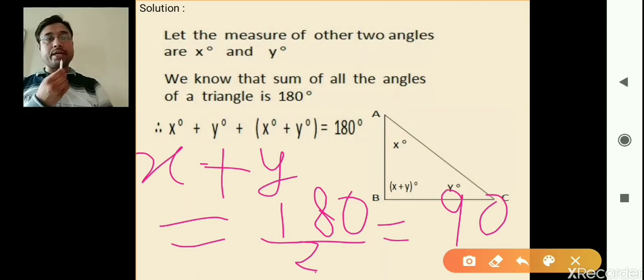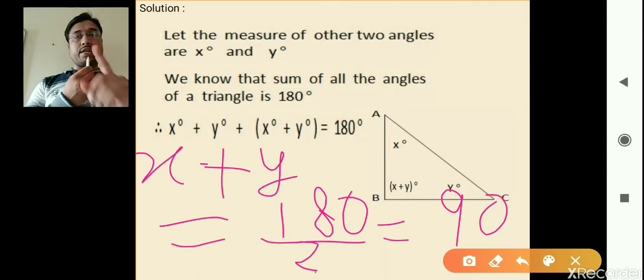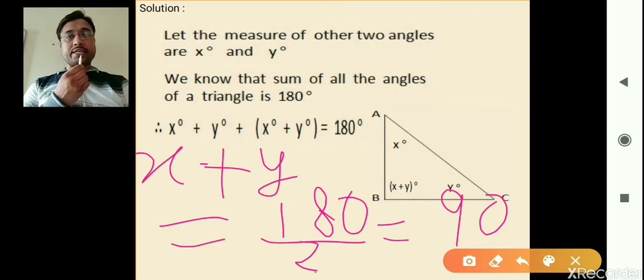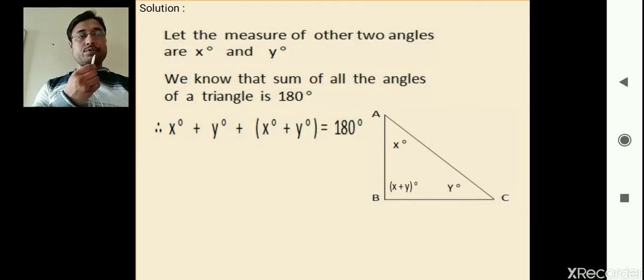So this way we have proved that if any one angle is 90 degrees, the triangle is a right angle triangle. So this way you can prove, students.